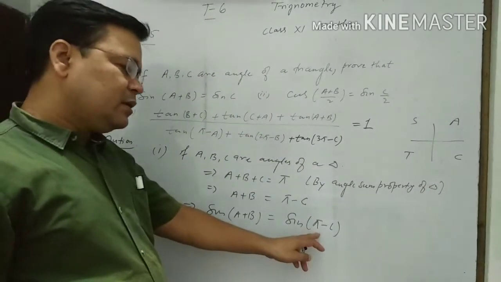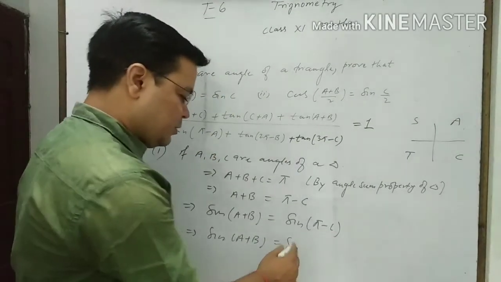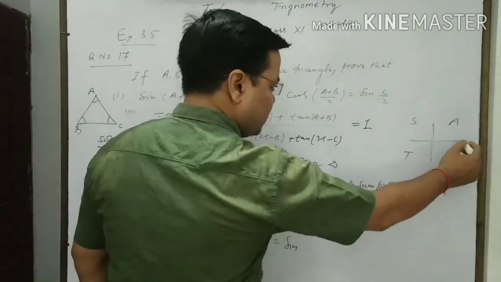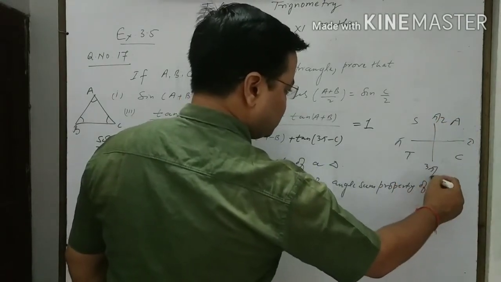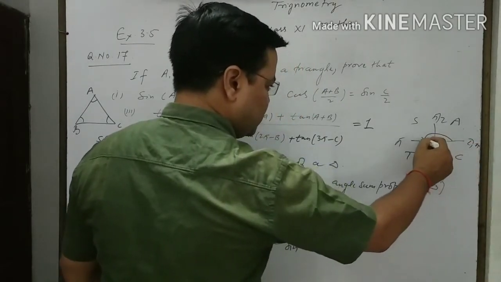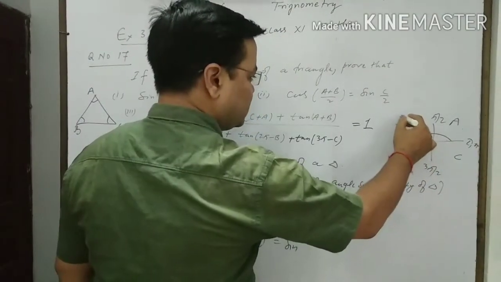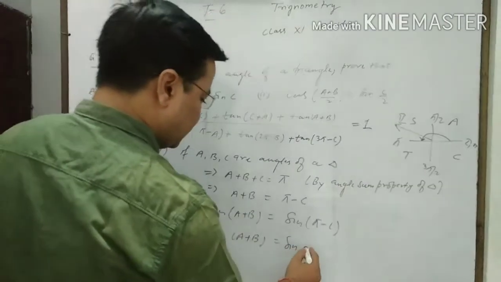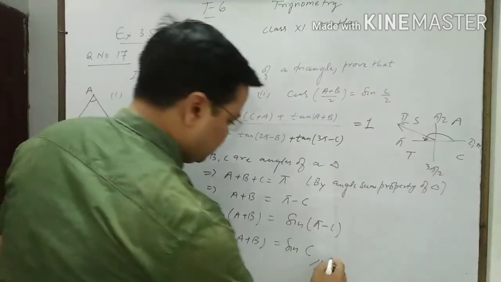So sin(π − C) will be sine only, but whether it is positive or negative depends on the quadrant of π − C. Here we have 0 degrees, π/2, π, 3π/2 and 2π. π − C lies in the second quadrant, and in the second quadrant sine and cosec are positive, so it will be plus sin C. So it is proved.